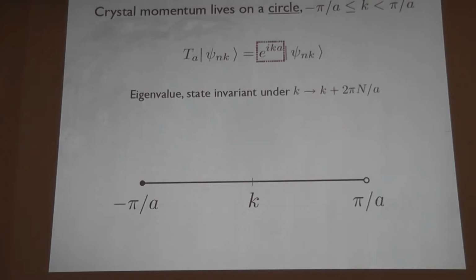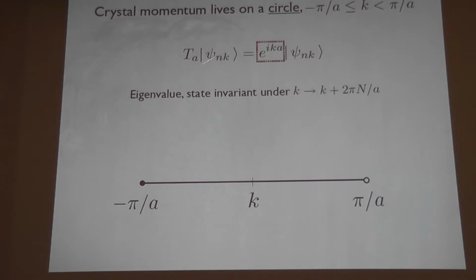And the reason is that actually the eigenvalue of this finite discrete translation is this unit modulus complex number. And so whatever this eigenvalue, or piece of eigenvalue, this parameter k is that I stick there, I could have picked a different value where I change k by 2π over a times an integer, and I would get the same eigenvalue of this T back. So that's actually the reason why we have a Brillouin zone in a crystal.